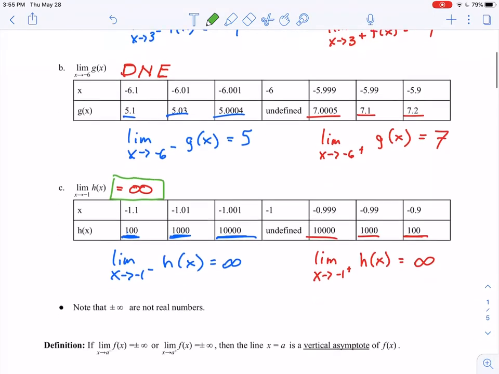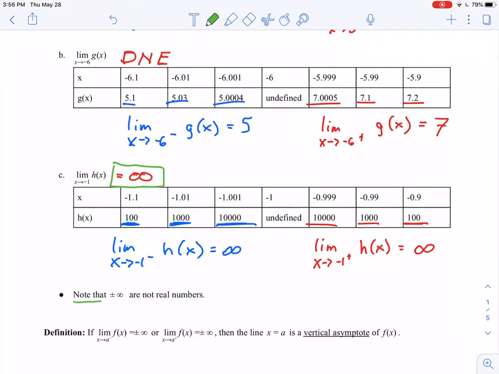One other thing I want to mention: note that positive and negative infinity are not real numbers. It's really easy to lose track of this fact, and I mention it because, since they are not real numbers, they don't play by the same rules. For example, if you were to take infinity times 0, if it was any other real number, you would tell me it's 0.